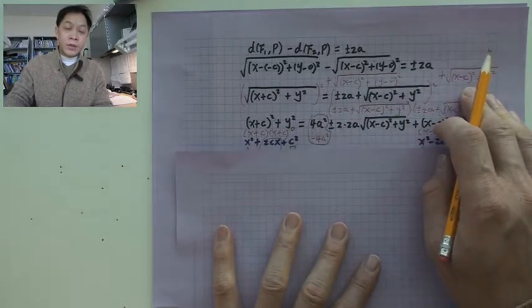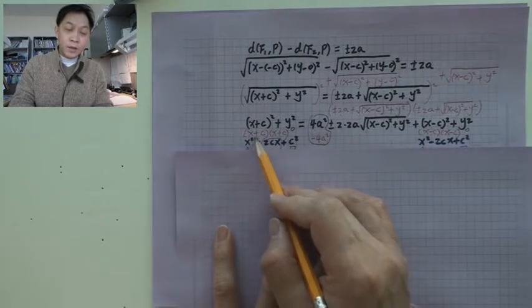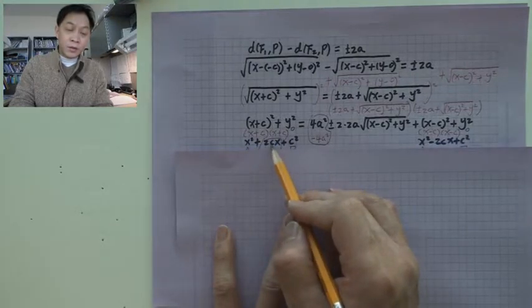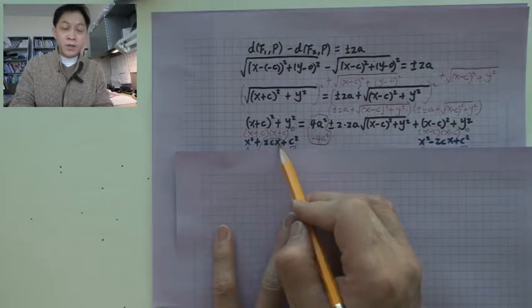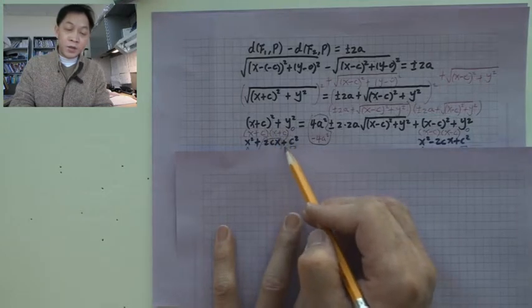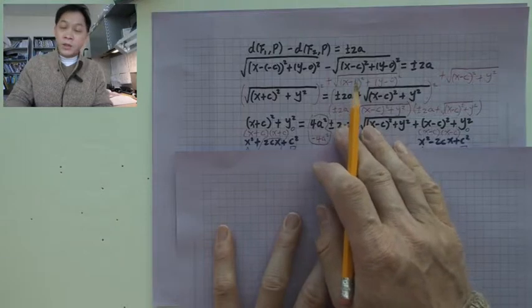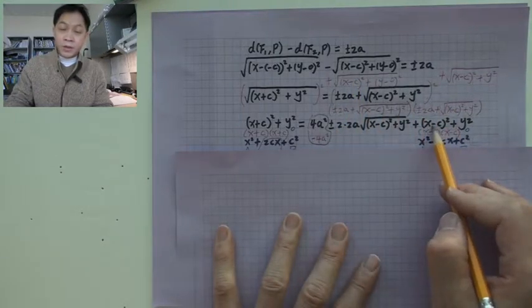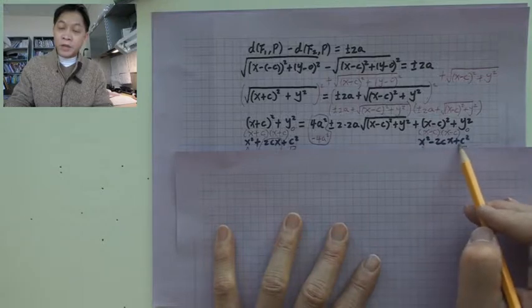If you FOIL that out, x times x is x squared, x times c is cx, and c times x is also cx, so you have 2cx, and c times c is c squared. Similarly for this one, which was minus, you have x squared minus 2cx plus c squared.